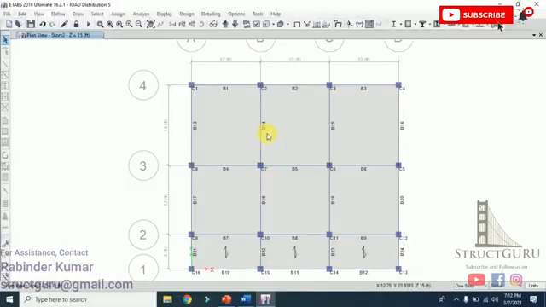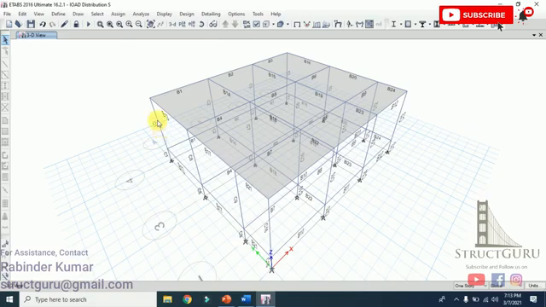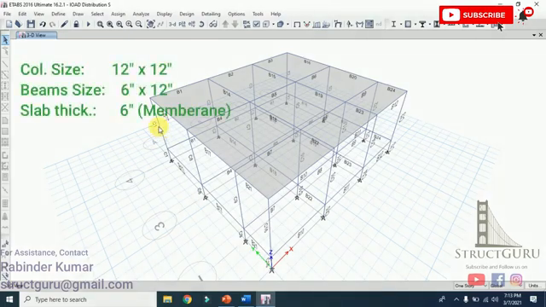So this is the ETABS model in which I have already modeled a simple structure. This is a one-story structure in which the column size is taken as 12 by 12 inches and the beam size is taken as 6 by 12 inches.